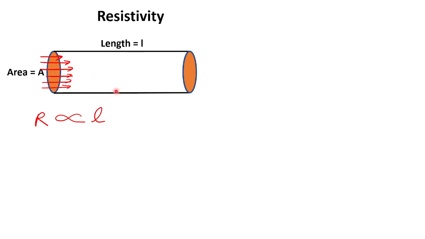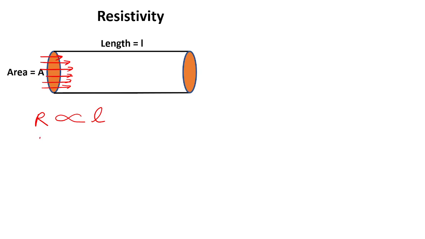So R is directly proportional to length. The more length, the more resistance. If L is doubled, resistance will be doubled. R is directly proportional to L.